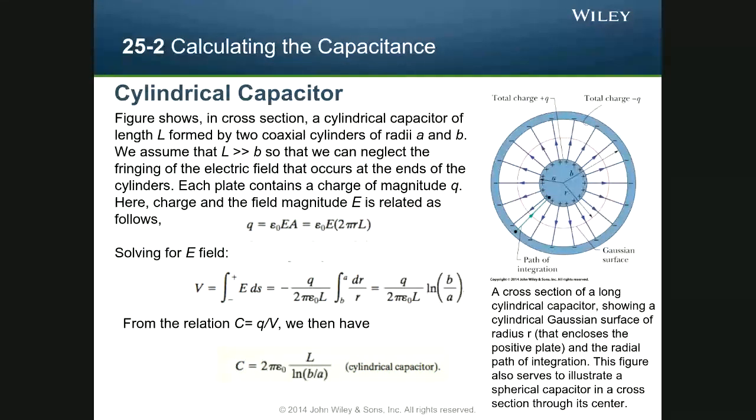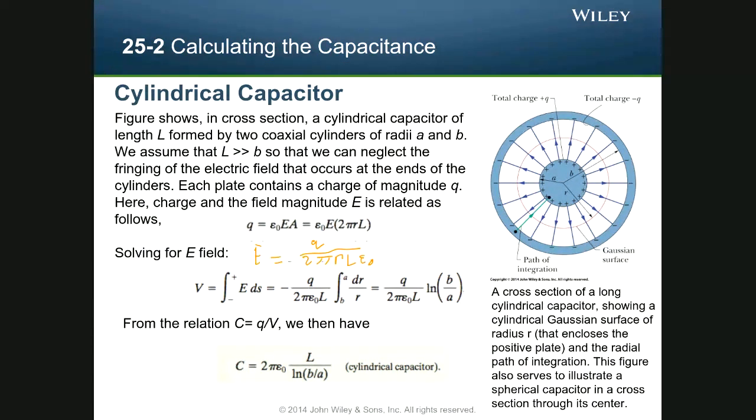So the first thing we do to make sense of this is we use Gauss's law to solve for the electric field. It equals Q over 2 pi epsilon naught R L, and I'll stick the epsilon naught there just because I can.